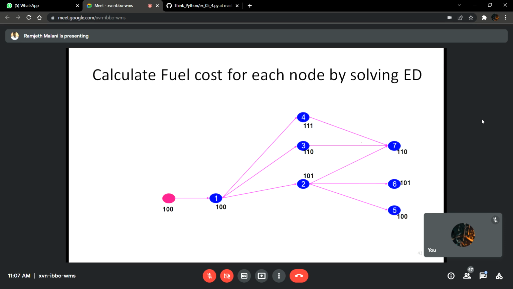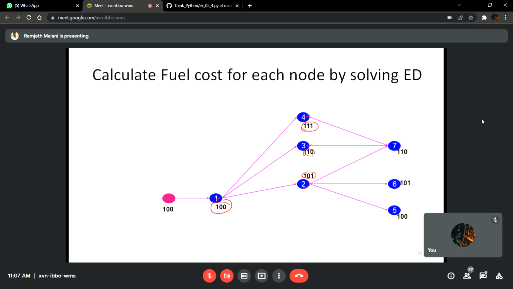So I am just giving names for all the states. State 100, I am naming it as 1. 101, I am naming it as 2. 110, I am naming it as 3. 111, I am naming it as 4.